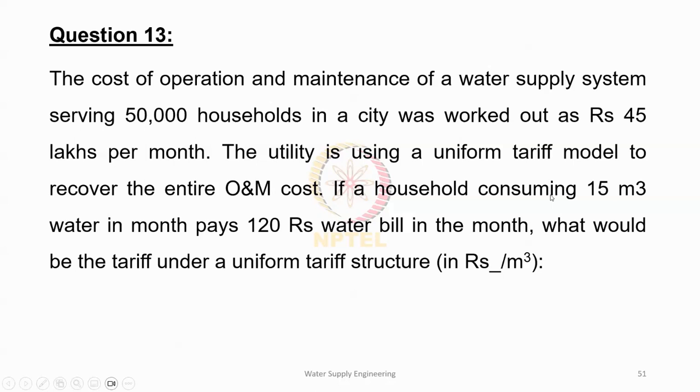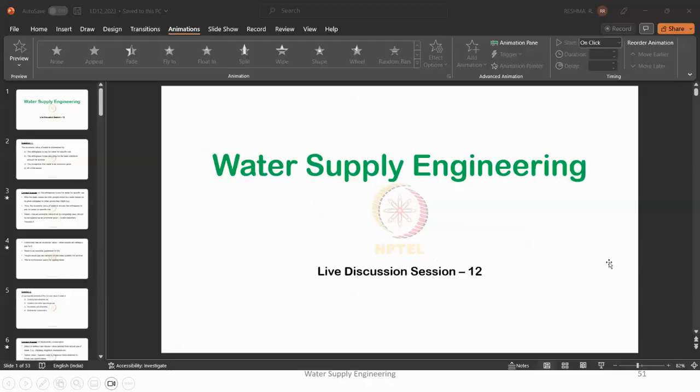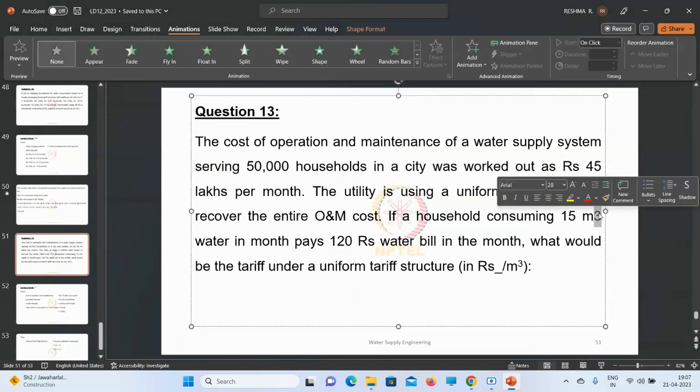If a household consuming 15 meter cube water in a month pays 120 rupees water bill in the month, what would be the tariff under a uniform tariff structure in rupees per meter cube? So this is a meter cube.